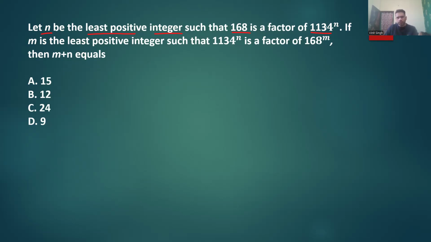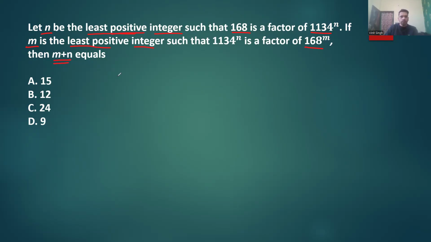And m is also the least positive integer such that 1134 power n is a factor of 168 power m. So we have to find the value of m plus n, where m and n both are least positive integers.